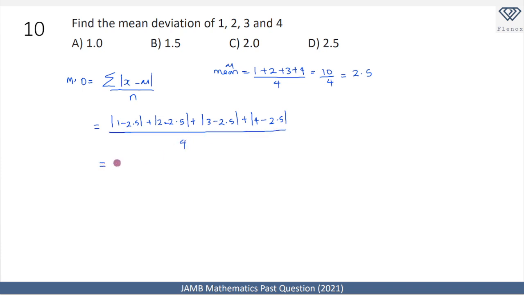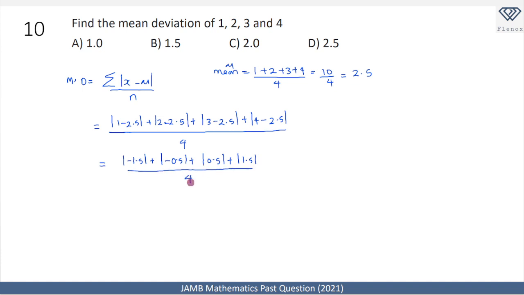So 1 minus 2.5 is minus 1.5, then minus 0.5, then 0.5, then 1.5.